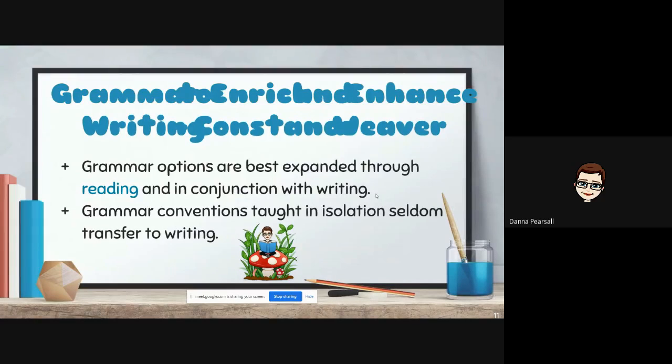Well, I sort of talked about this already, but grammar is best talked about through reading and writing. And then the conventions taught in isolation seldom transfer to writing. So a kid can do those 30 sentences where they have to put the comma in the right place, but then you ask them to do it in their own writing, and maybe the transference isn't going to be there.